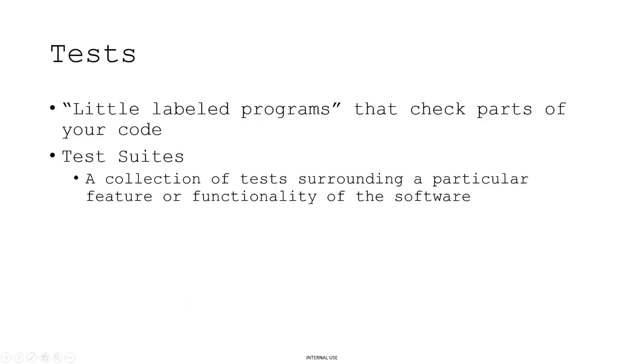So tests are very important, and we talk about this in Clean Code too. The author describes them as little labeled programs that check parts of your code to make sure they are doing what they are supposed to be doing.